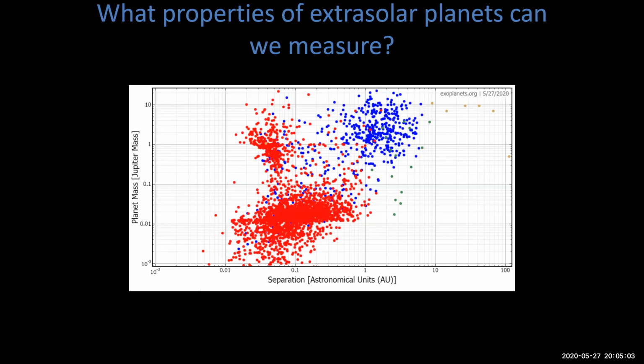They're hot Jupiters. And so this is a population of planets that just doesn't correlate with our solar system. So we were surprised when this distribution first started showing so many of these Jupiter planets clustered in this upper left location on this graph.